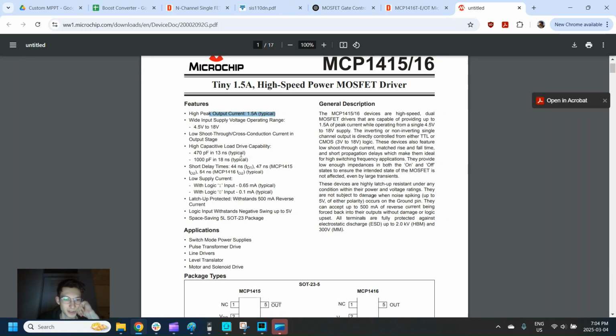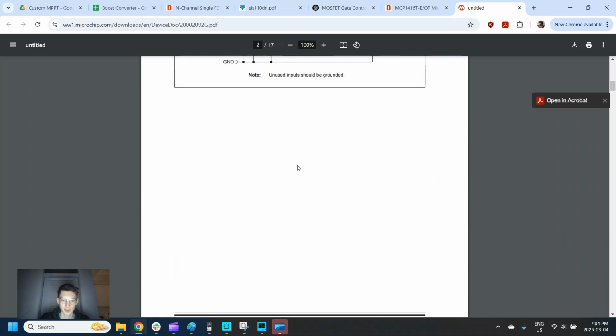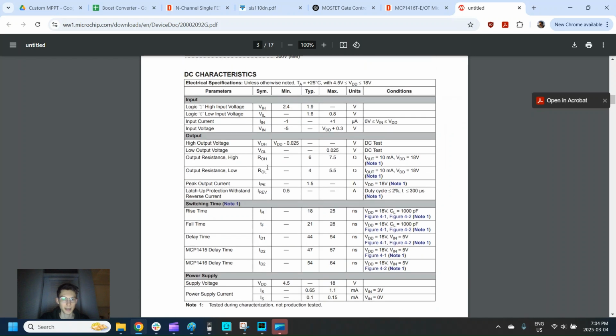Our output current of our MOSFET is not more than like 5 amps, so that's okay. Low supply current, withstand swings up to 5 volts, that's fine. 4.44 nanosecond delay times. That's fine for our application. 100 kilohertz is pretty low frequency, so we're able to deal with that.